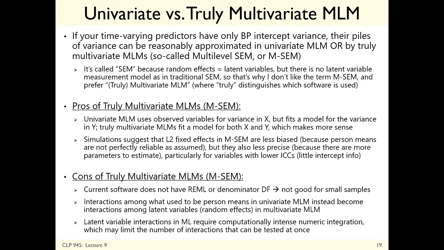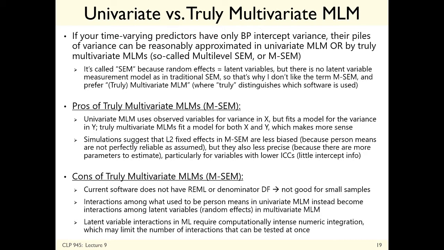The other thing that comes into problem is interaction terms. So if I wanted to see whether the between person effect was moderated by some other variable, it's really easy for me to take my person mean observed variable and build in an interaction of it with something else.